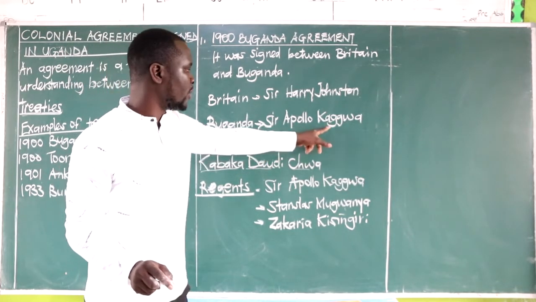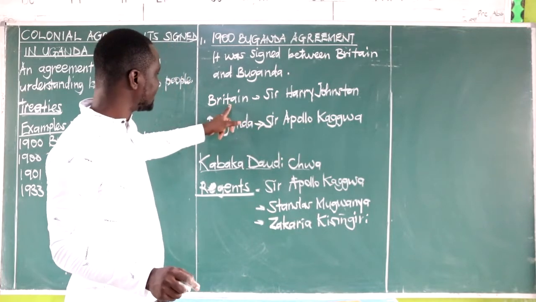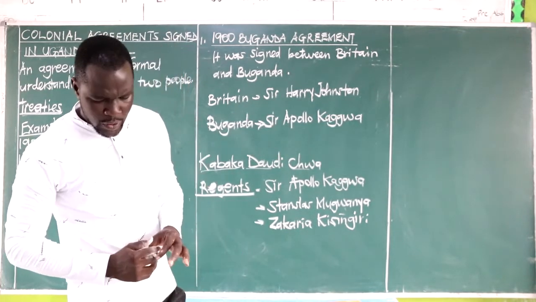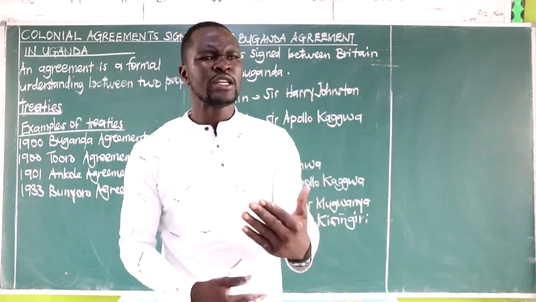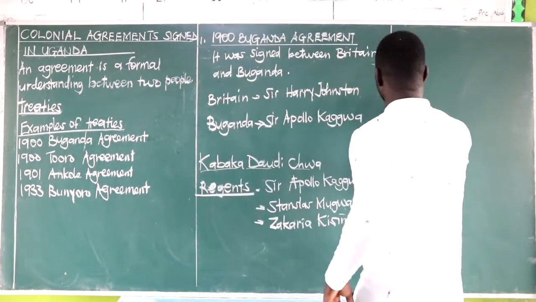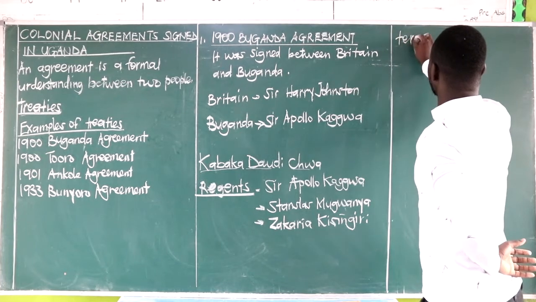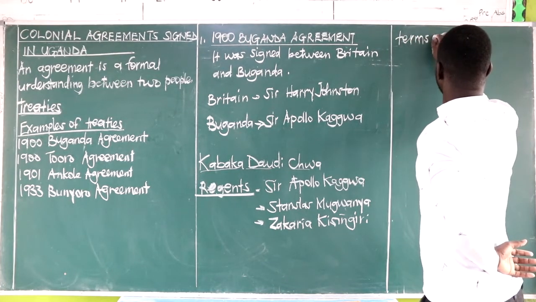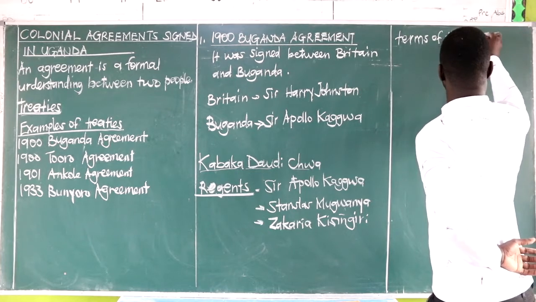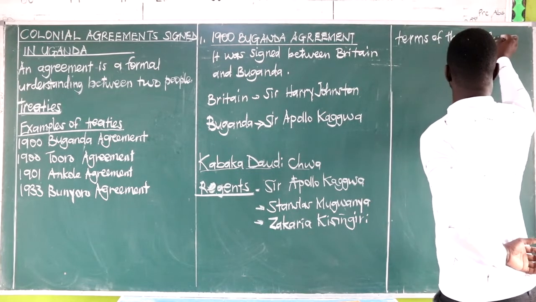And Britain was represented by Sir Harry Johnston. Now, we are going to look at the terms of the 1900 Uganda Agreement.